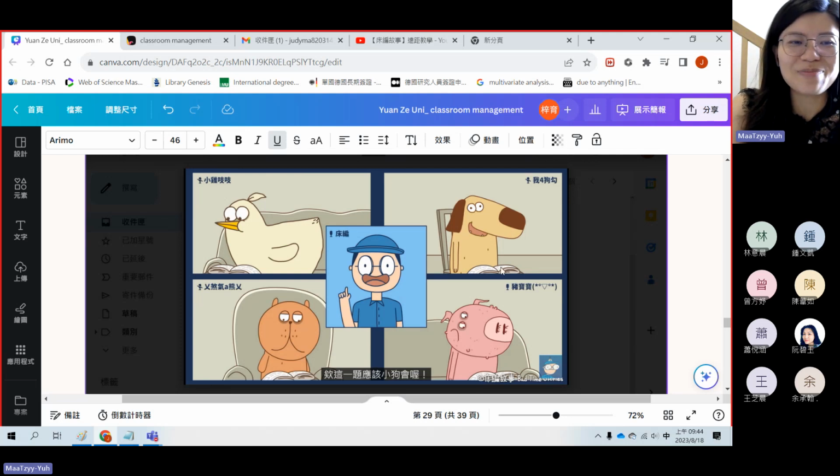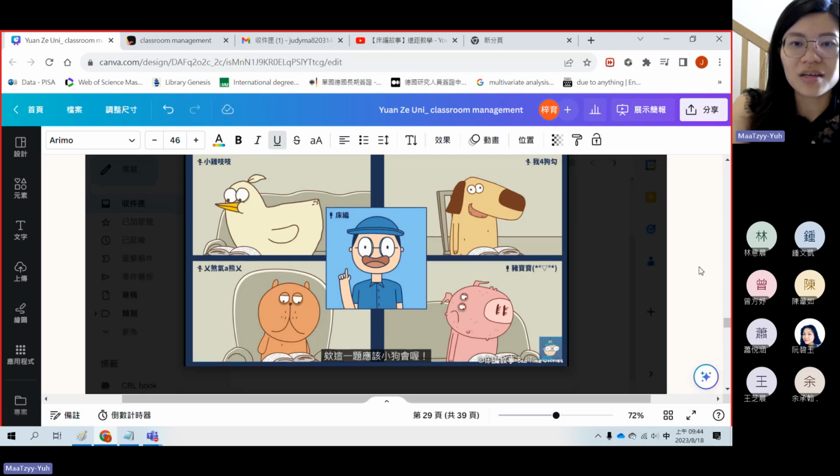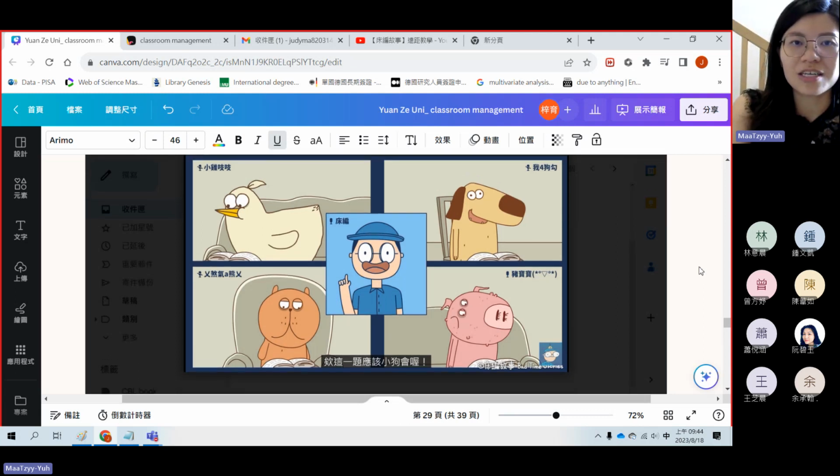People were just sleeping, and it's really difficult for the teacher to catch their focus and try to get them back. So this is the time that you might need a lot of interaction, a lot of feedback, a lot of tasks for the students to work on, so you can check if everyone is really on task.